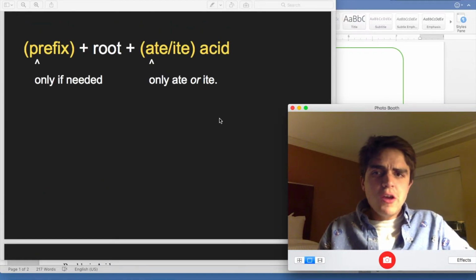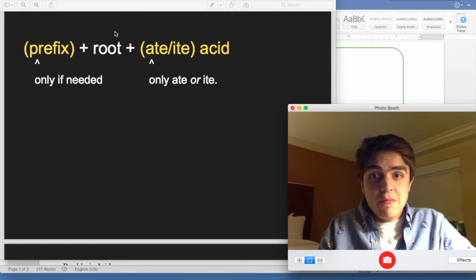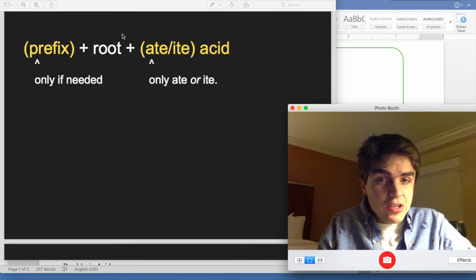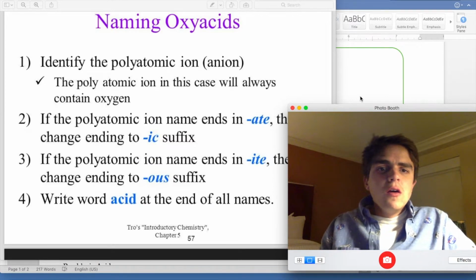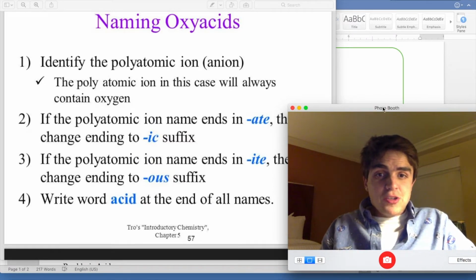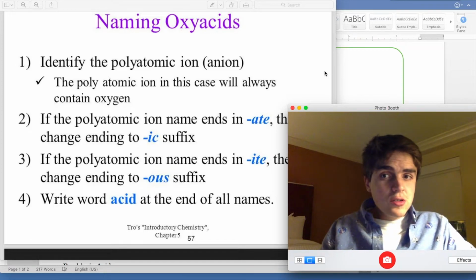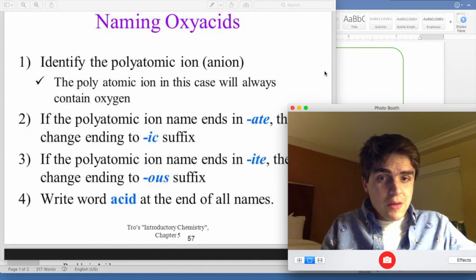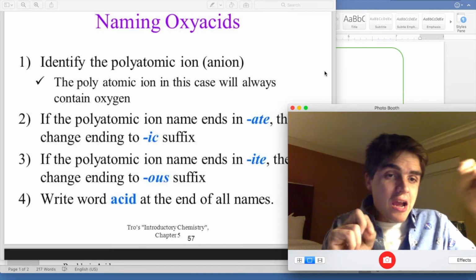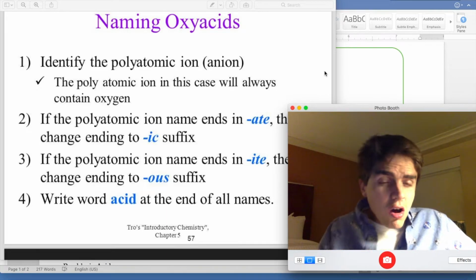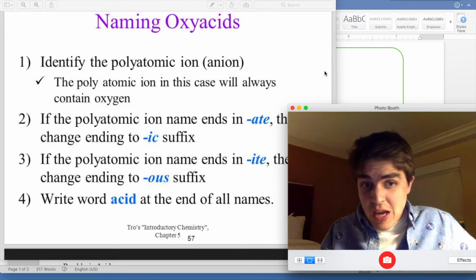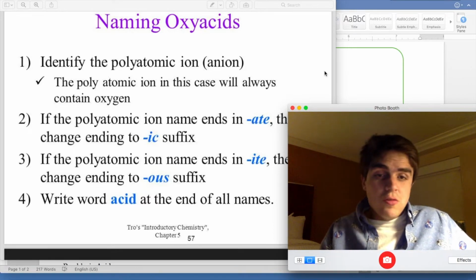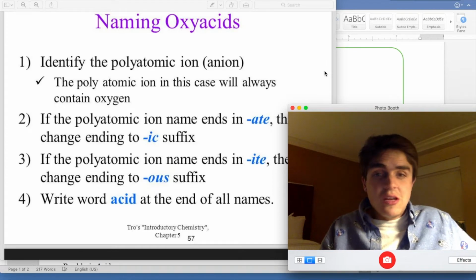Okay, so we understand where the root comes from. It's just the same way we got it in binaries. We know more or less what the front is, so what about this ate-ite business? Okay, this is the big picture. First, you've got to have oxygen. And when you do, you're going to look if it ends in ate or ite, because all oxygen-containing molecules on your ion sheet either end in ate or ite, and that's about it.